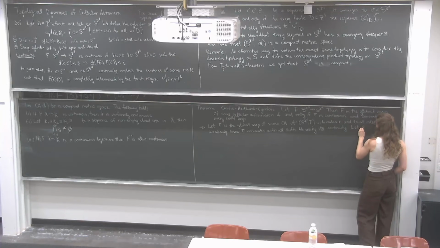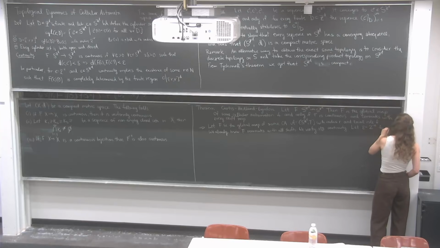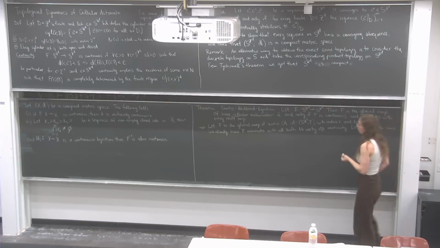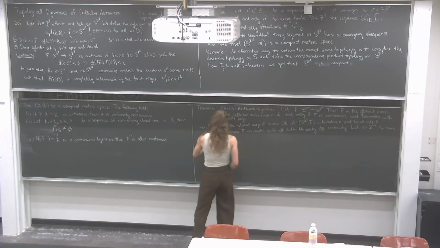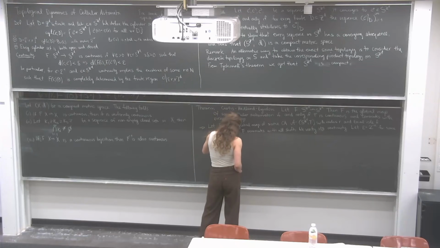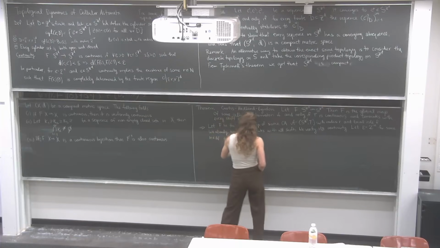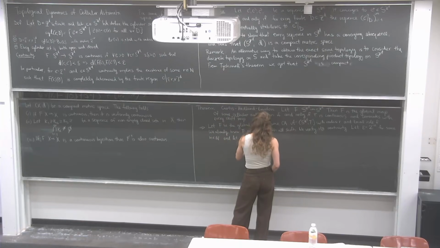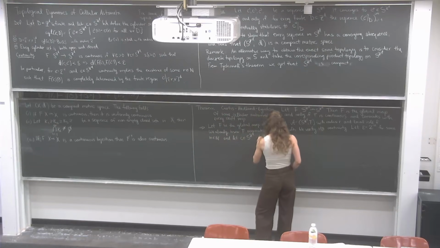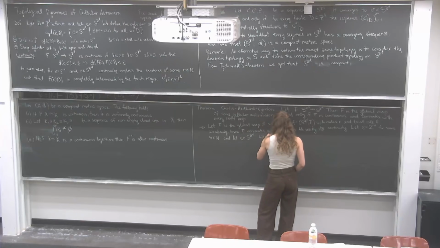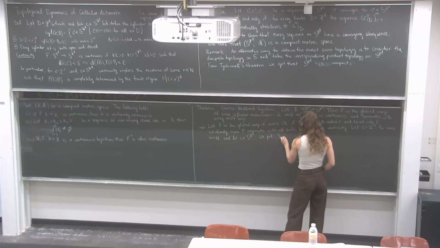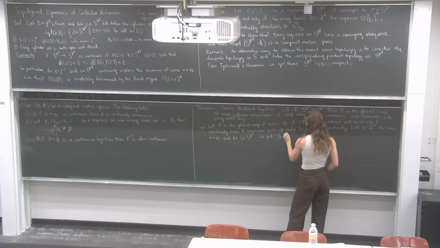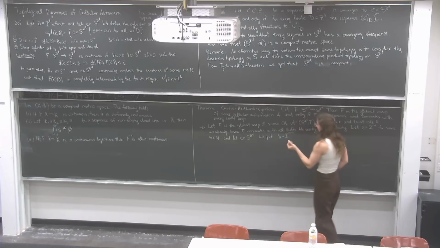So let epsilon be 2 to the minus n for some n. And let C be some configuration. So we put delta just to be 2 to the minus n minus r.